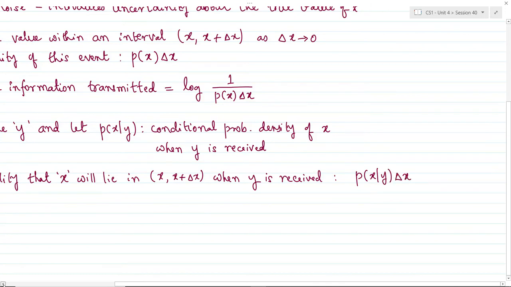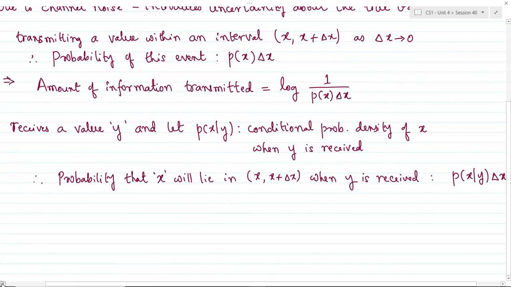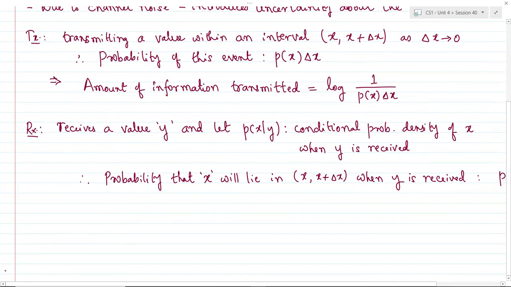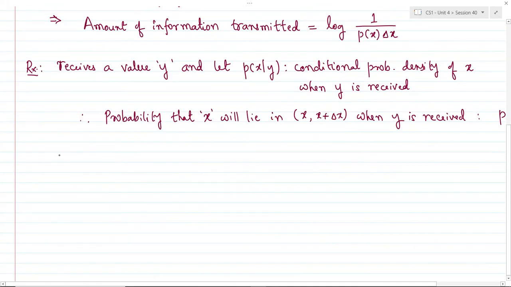Therefore, the uncertainty or the amount of information which is lost in the channel, the uncertainty due to channel noise, comes in. This probability would have been 0 or unity if there were no noise, very similar to the discrete memoryless channel argument.